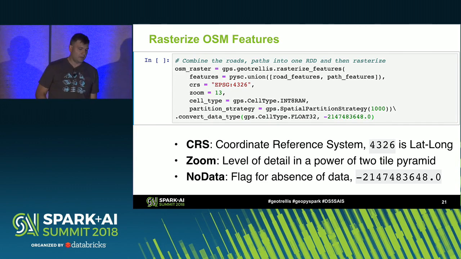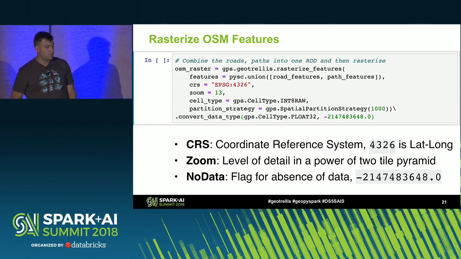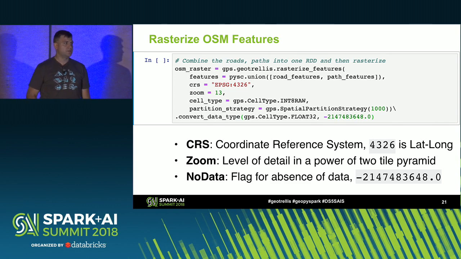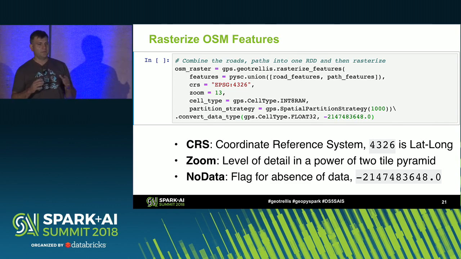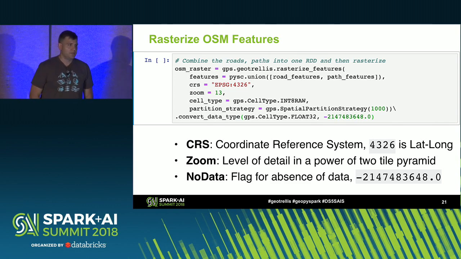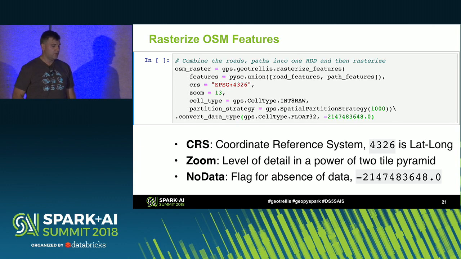Pretty easy. And the thing to pause on here is to consider the parameters that we're providing. So we're going to specify the projection system that we want. This is the mapping between the round planet and the flat map. GIS people spend a fair amount of time making sure that it's the correct choice, so this is something that we have to consider throughout.